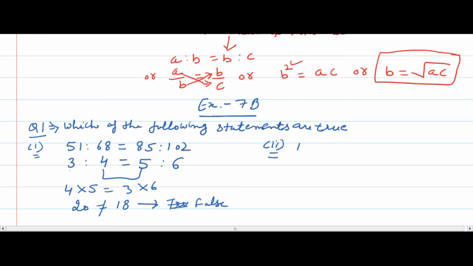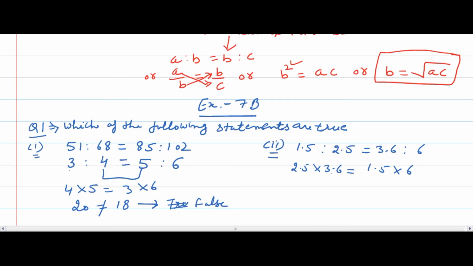Second part is 1.5 ratio 2.5 equal to 3.6 ratio 6. Now here we have got decimals. Product of means 25 multiplied by 3.6, product of extremes 1.5 multiplied by 6.